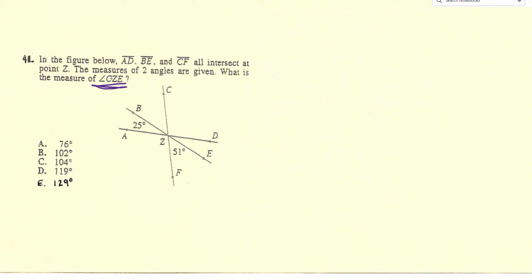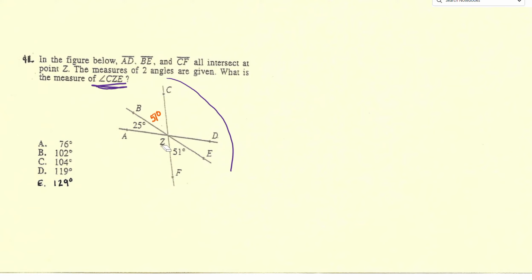So start at C, go through Z, and stop at E. So C to Z to E. This is the angle that we want. All right, so to go about that, let's think about this. There's a vertical angle that's V and up. So if that's 51, this angle is 51.